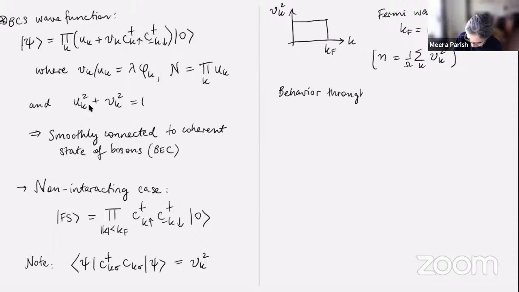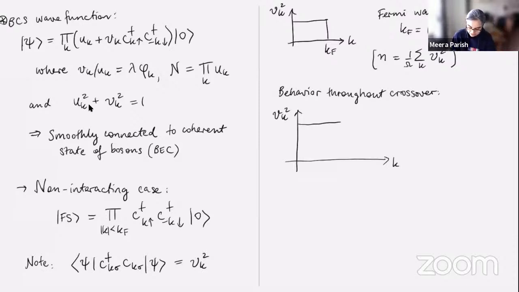Okay, so like I said, if we start with a very weak interaction, small and negative A, what you find is that there's a small smearing of this Fermi surface.